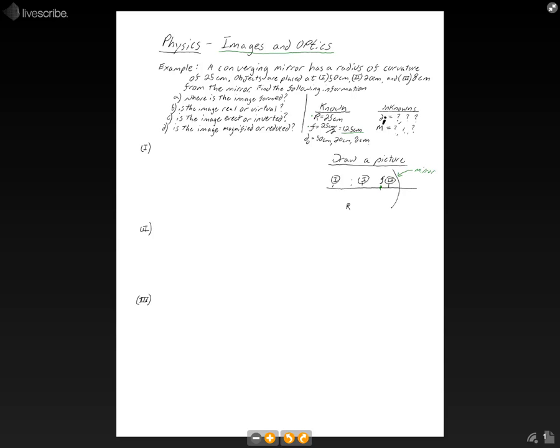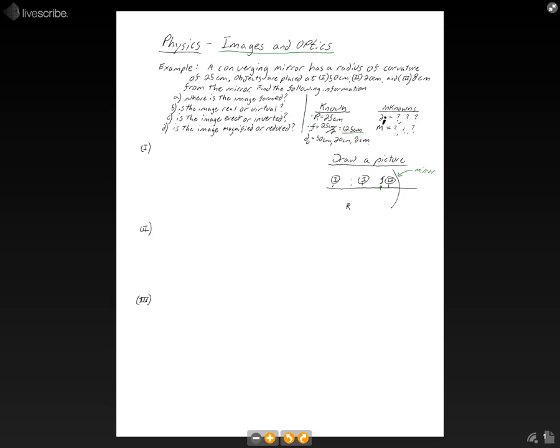It's a theoretical place. And then out here, for the first case, we have 50 centimeters, which is out past the radius of curvature. The 20 centimeter one is between the focal point and the radius of curvature. And case 3 is between the mirror and the focal point.